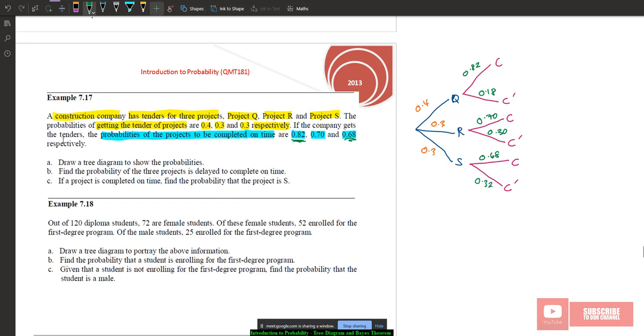0.32, right? If you can see, this is the probability of Q, right?